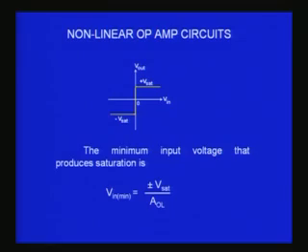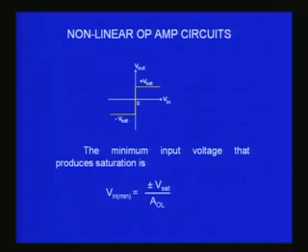Now what is the minimum voltage above 0 at which the output will change to plus VCC? If you ask this question, it is very simple to answer. We know the output cannot be more than the VCC or Vsat, so Vsat divided by 10 power 5 will be the maximum input that I can give within the linear region, the slope.